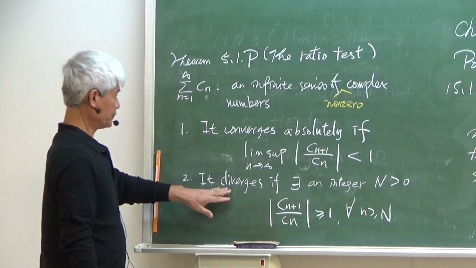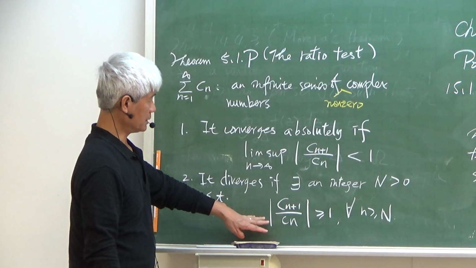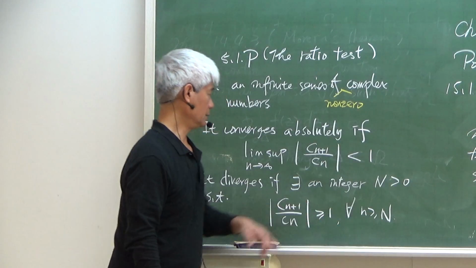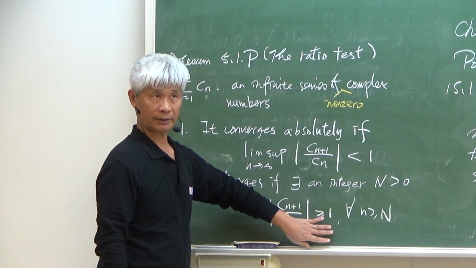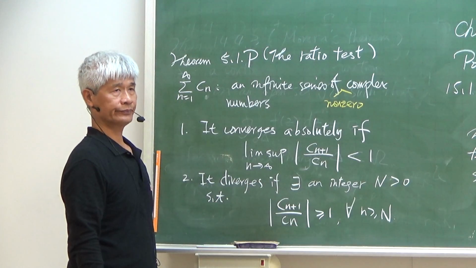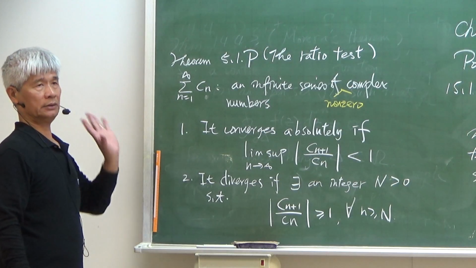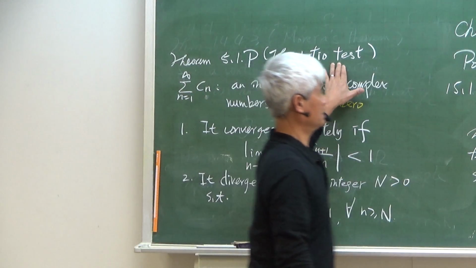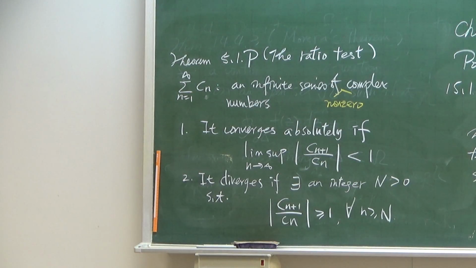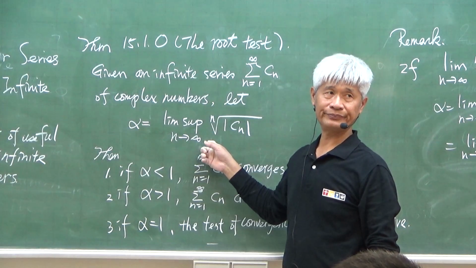The other way, if you want to prove it diverges, then you have to show that if n is sufficiently big, then the absolute value of the ratio is greater than or equal to 1. You need to show that. And if you cannot show 1 or 2, then it is inconclusive to use the ratio test, because sometimes it is a little bit harder to find this lim sup.